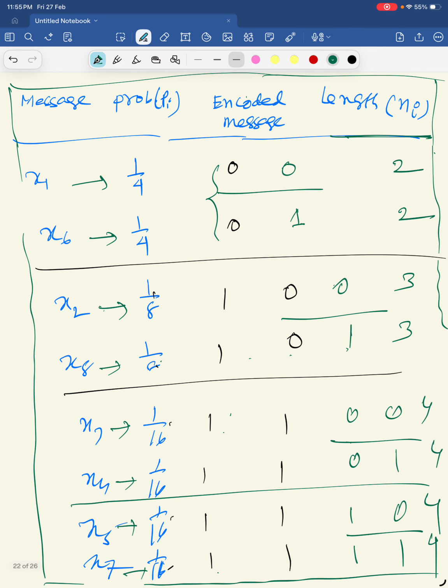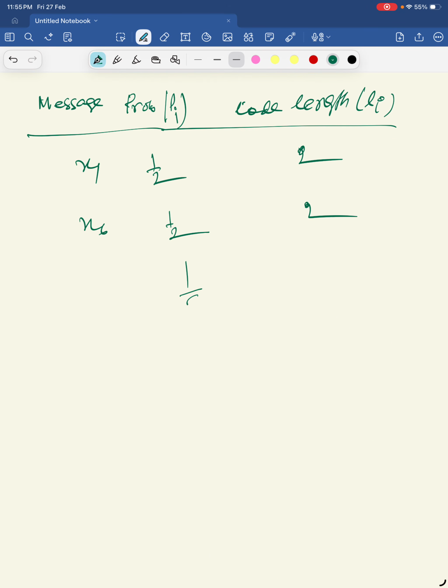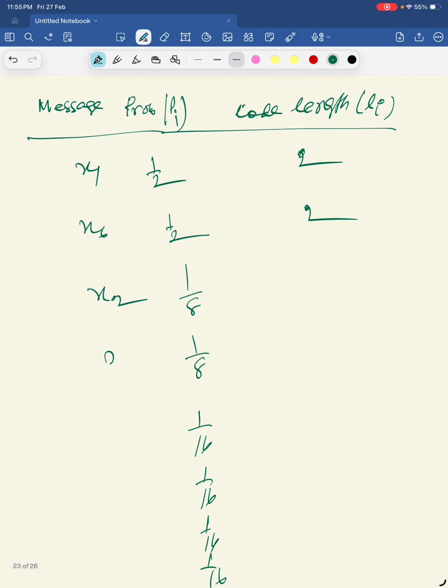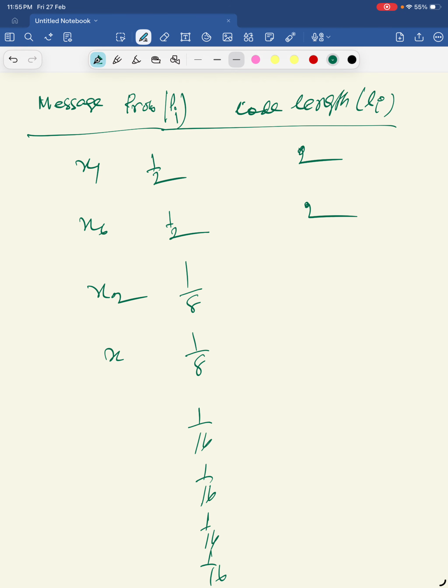Now the others, how much? 1 by 8, 1 by 8, 1 by 8, 1 by 8, 1 by 16, 1 by 16, 1 by 16, 1 by 16. So this is x6, then x2, then x8, x3, x4, x7. Now this is 2, 2, this is 3, this is again 3, then all are 4.